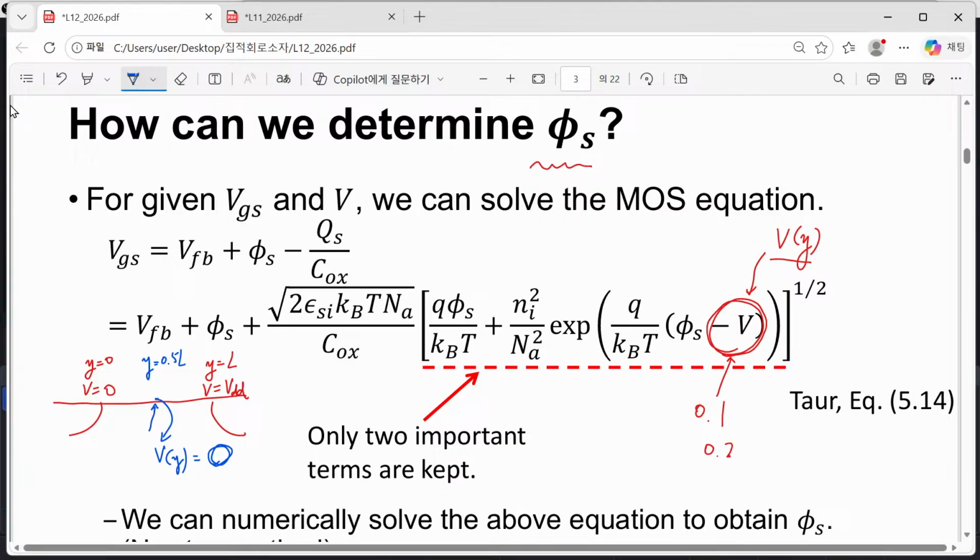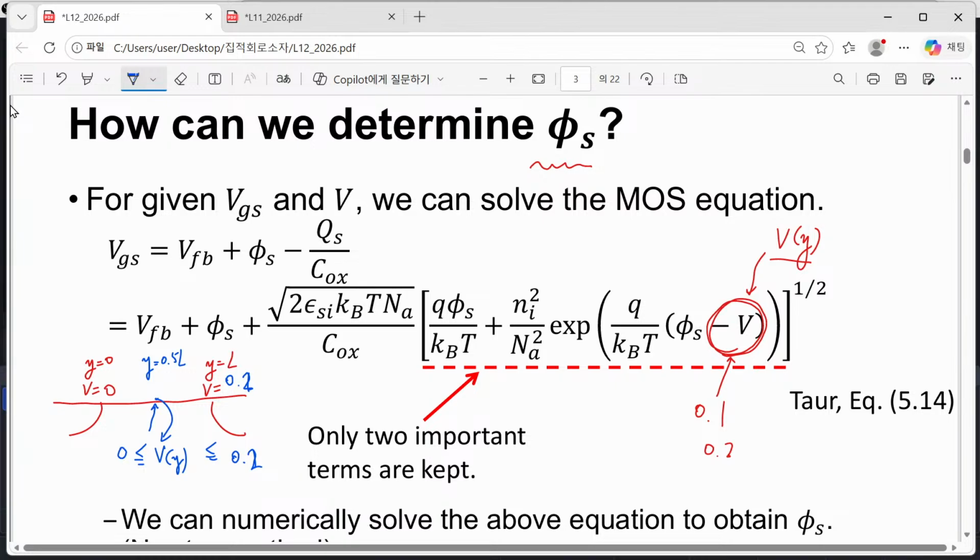But one thing we can say certainly is that it is within the range of 0 to VDD, because this is a smooth, ever-increasing function. If you change this value, for example to 0.1, then the upper bound will be just 0.1. If you increase the bias voltage to 0.2, then the upper voltage changes to 0.2.